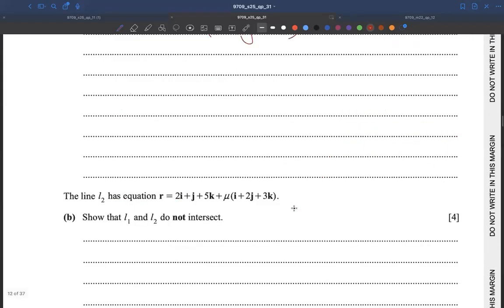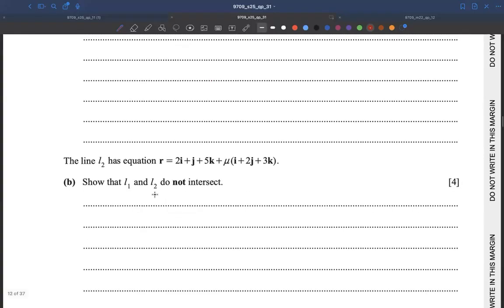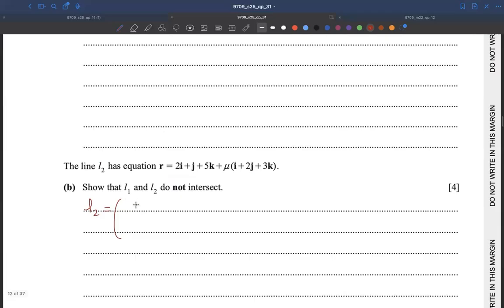In part B, the line L2 has the given equation, and we have to show that the lines L1 and L2 do not intersect. So first we can write the line L2 in parametric form: 2 plus mu into 1 is 2 plus mu, 1 plus mu into 2 is 1 plus 2 mu, and then 5 plus mu into 3 is 5 plus 3 mu.